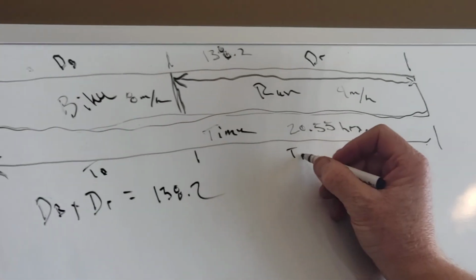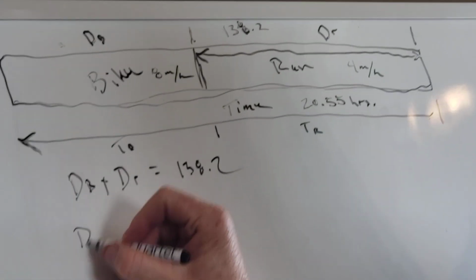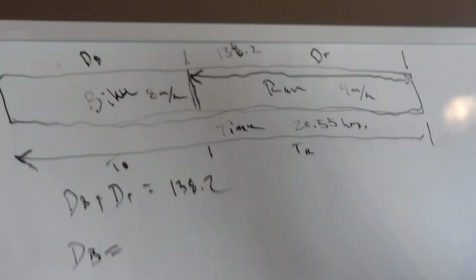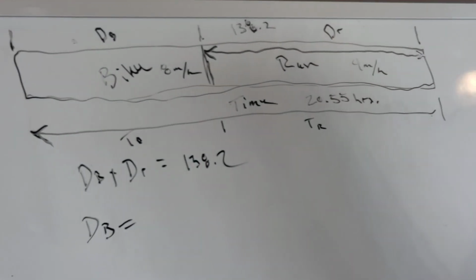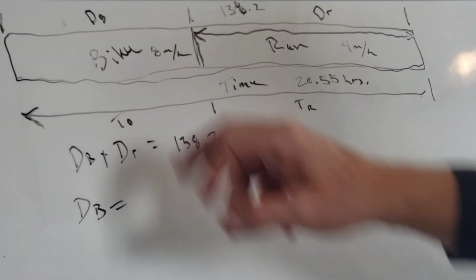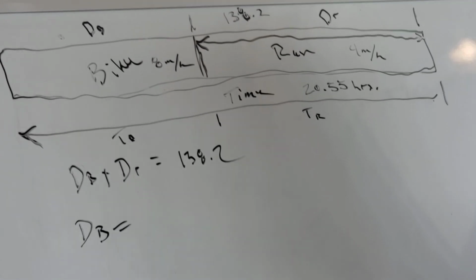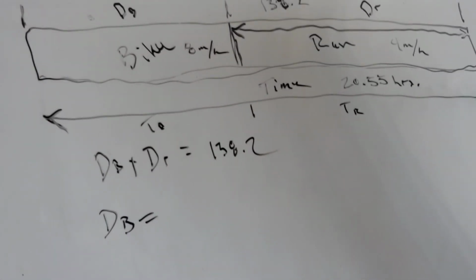Time of the biker, time of the runner. So what's the distance of the biker equal to? How do we calculate the distance of the biker? You multiply the time of the biker by 8 miles an hour, average.